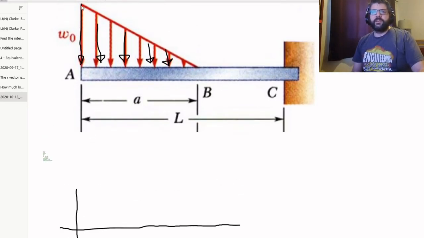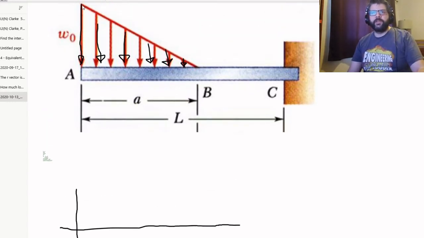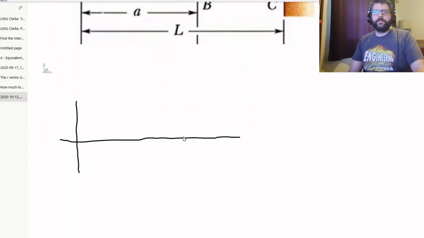That is going to cause the magnitude of the internal shear to decrease from that point. It's going to start off doing so at a rate based upon this magnitude here, and then that rate of change is going to drop off until we hit this point here. So I'm going to draw that there.